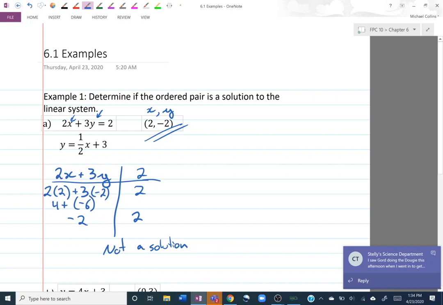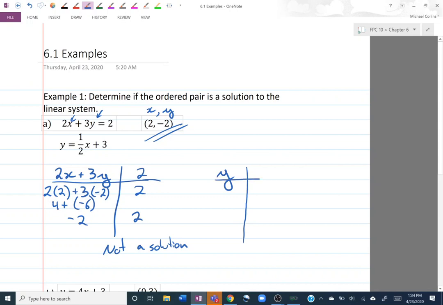I'm going to go ahead and check the other one. I think when I made these up, I meant for it to be a solution, so I might have made a typo, but it's still a good example. I've got y on the left-hand side of my second equation and 1/2 x plus 3 on the right-hand side.